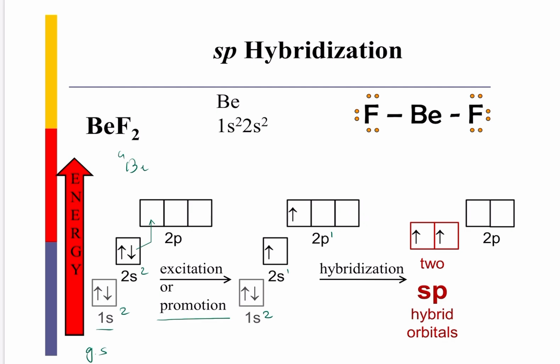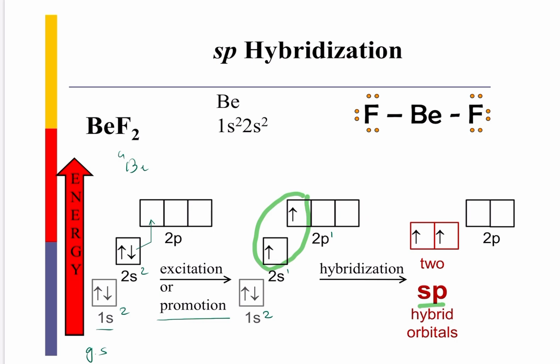Now, if hybridization happens between these valence shell electrons, we form 2 sp orbitals, and 2 other orbitals are free. We don't care about them now.